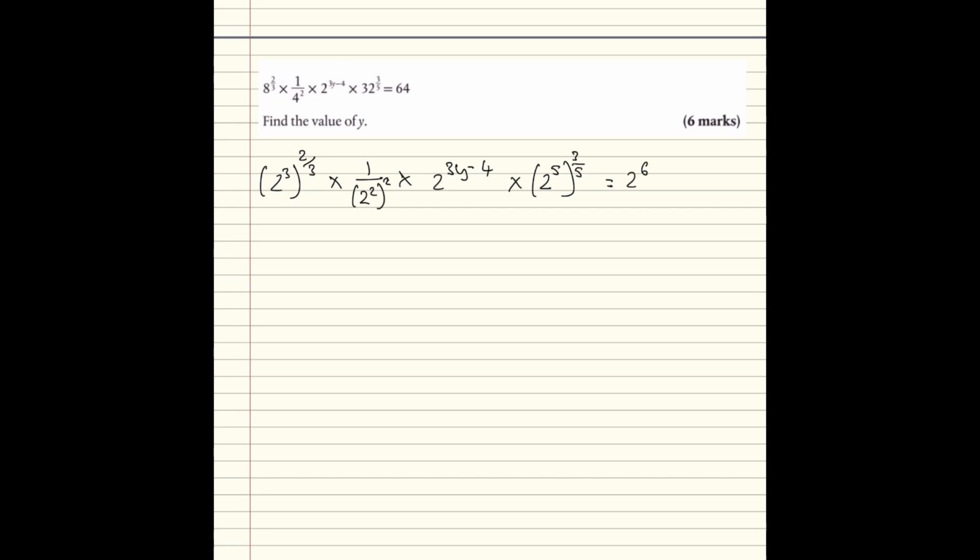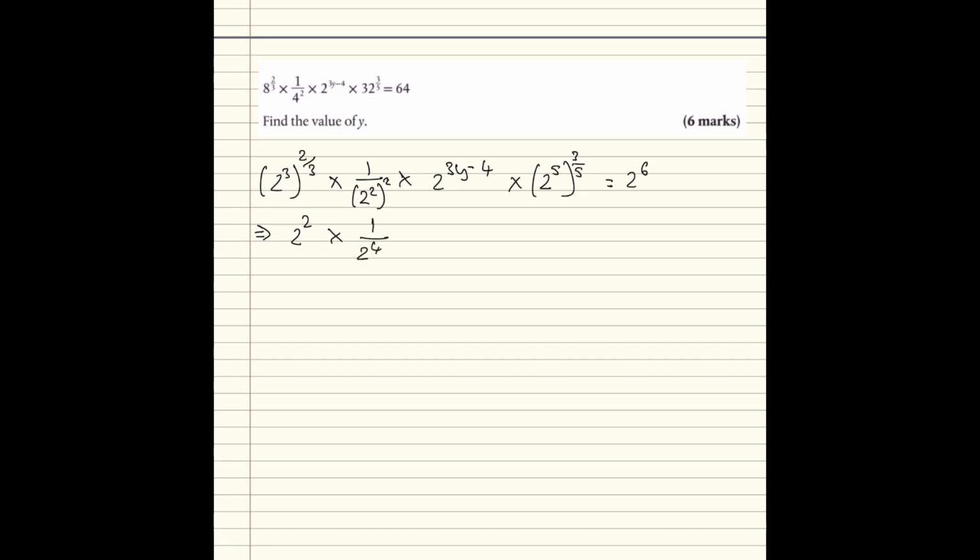Okay, now as you can see in my first line of workings, I've got all the bases as 2 instead of all different bases. So luckily for us, when we do this, we just use our indice law. The 3's actually cancel because it was 2 times 3, all divided by 3 just becomes 2. So we have 2 squared. We have this one, we can do 1 over 2 to the power of 4, using the law of indices there, so we just times the 2 and the 2 together.